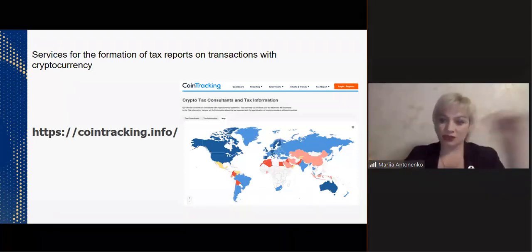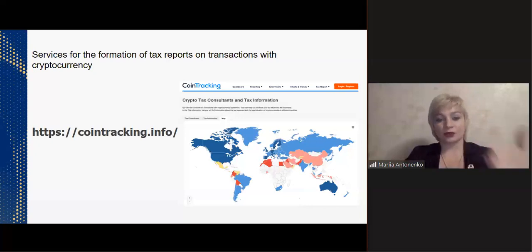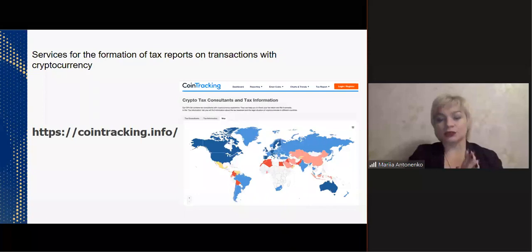And you may upload some data manually from your exchanges, but then at the end of the year, this service will make your tax declaration or tax report with even some proofs, with some stamps, but it's a digital document that will be viewed by tax authorities as a proof. And quite likely I will use this service myself.